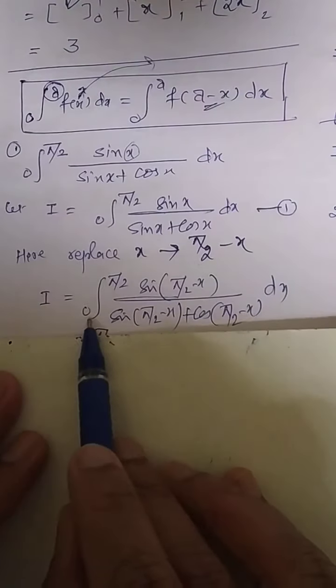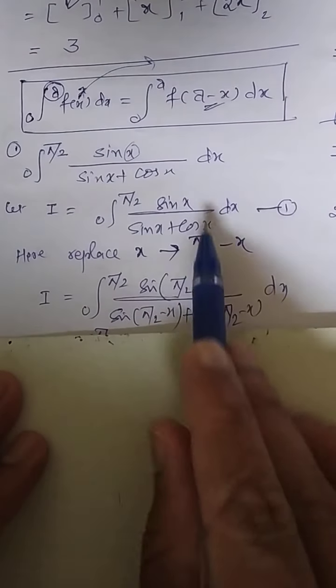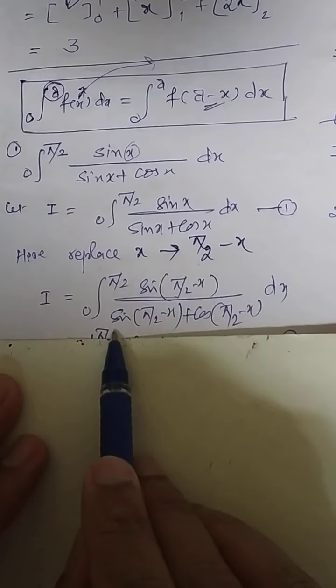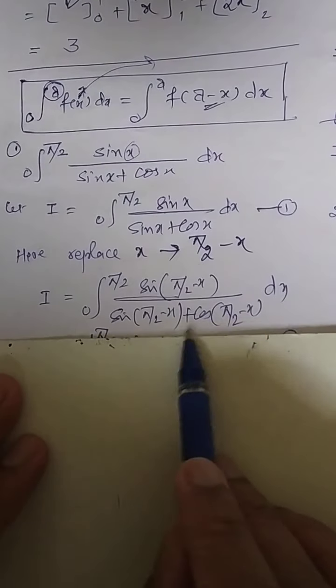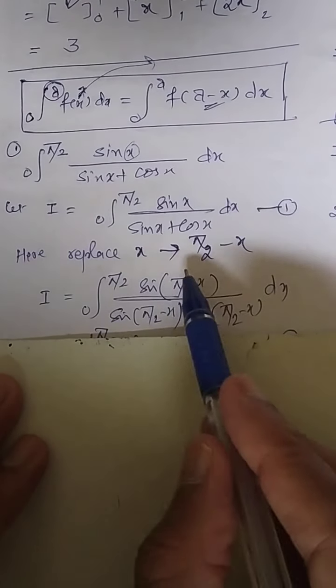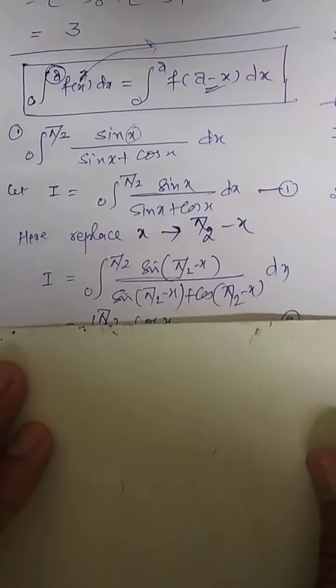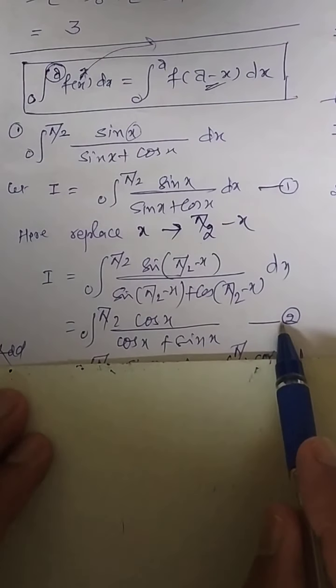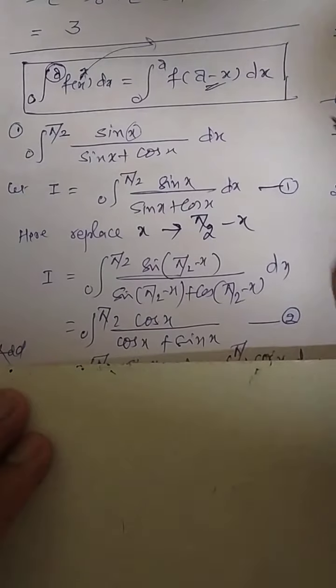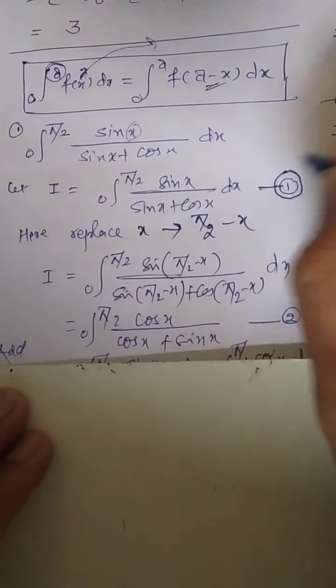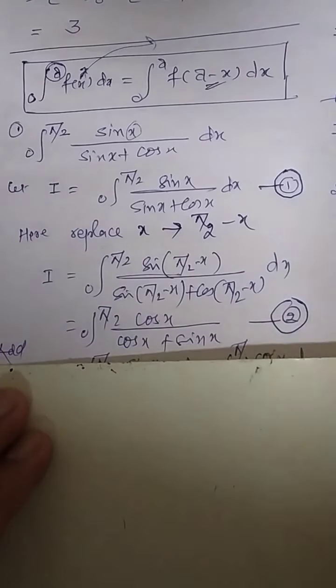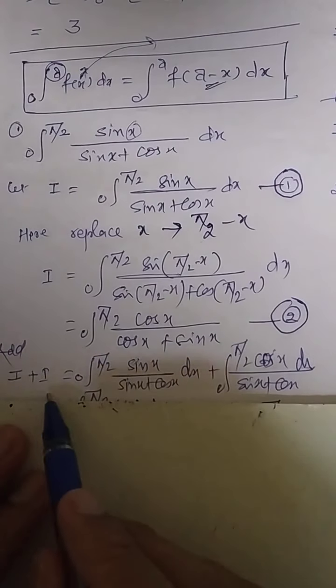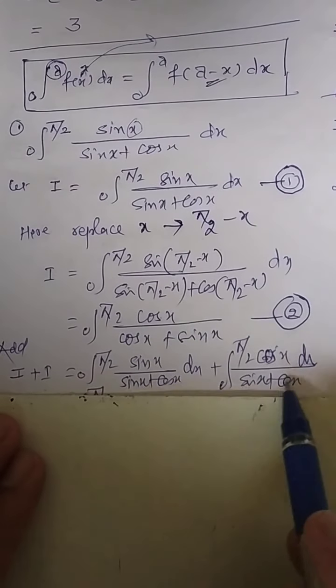So now another I, integral from 0 to pi by 2 of sin of pi by 2 minus x upon sin of pi by 2 minus x plus cos of pi by 2 minus x. You know the property: it becomes cos x in the numerator, and over here cos x, over here sin x. You will be getting another expression. Always, in most questions of this type, you can add these two expressions. I plus I will be equal to first expression plus second expression.